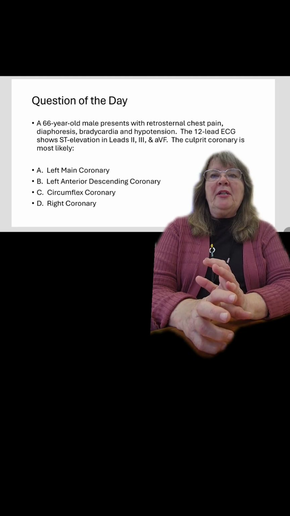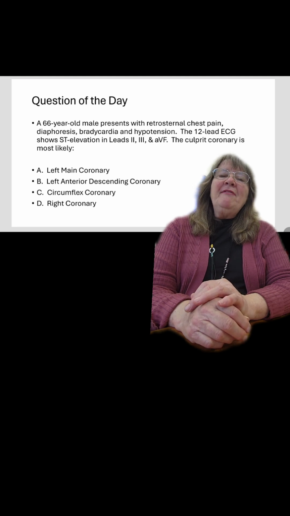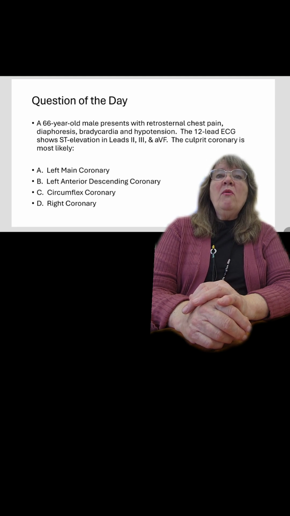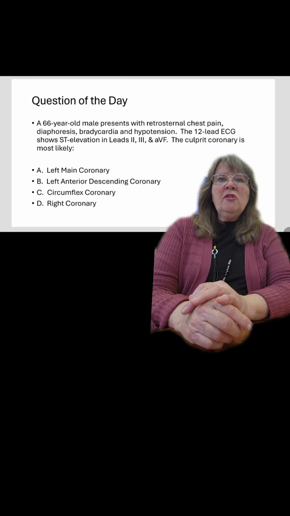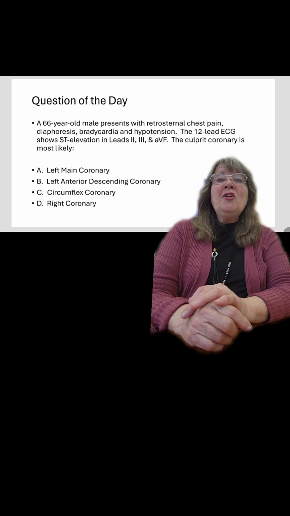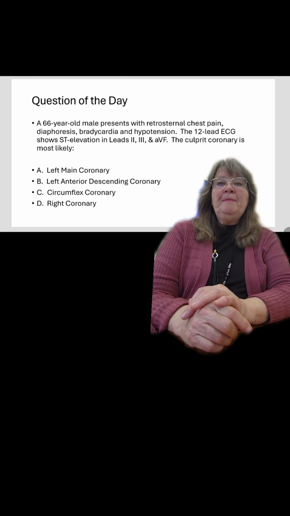What is the culprit coronary? So we have some choices here. We have left main coronary, left anterior descending coronary, the circumflex coronary, or the right coronary artery. I want to give you just a moment to look those over and come up with your answer, because then I'm going to give you the answer and we're going to talk about the rationale.